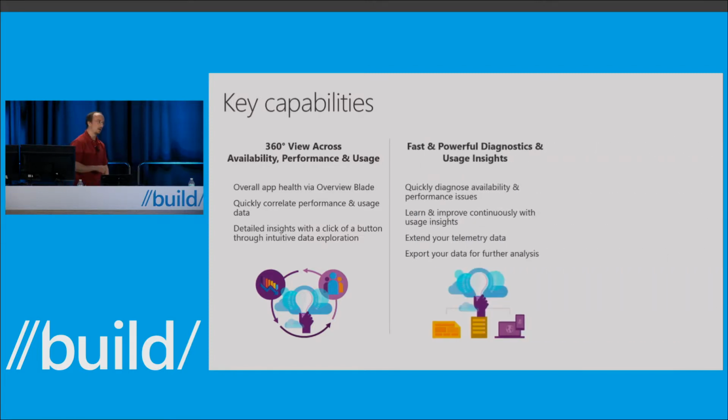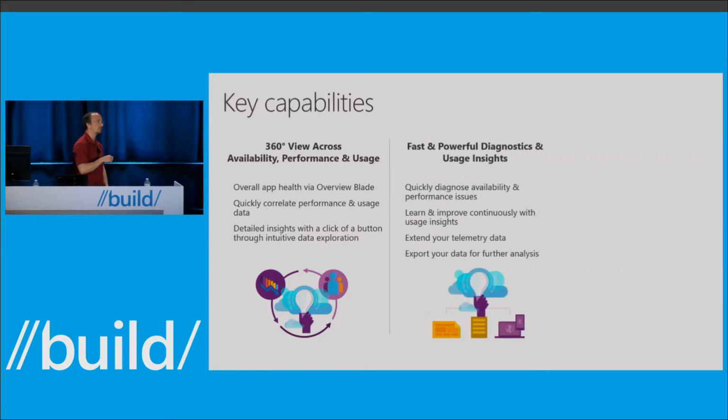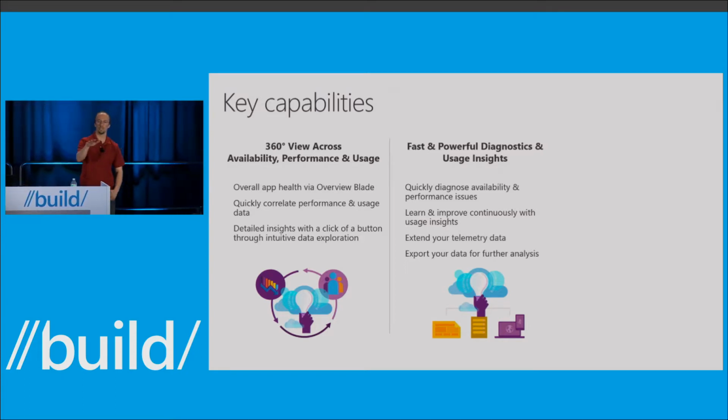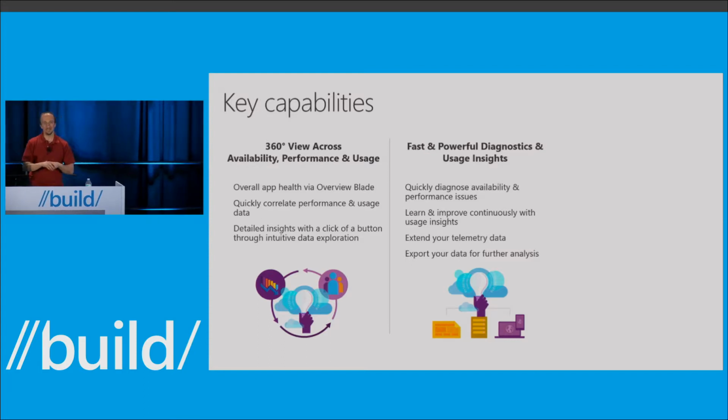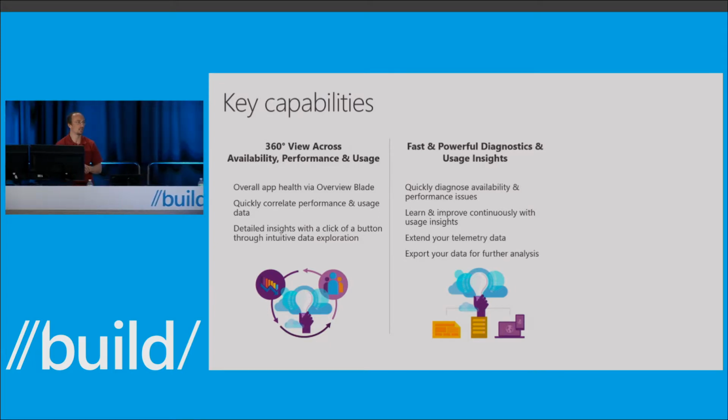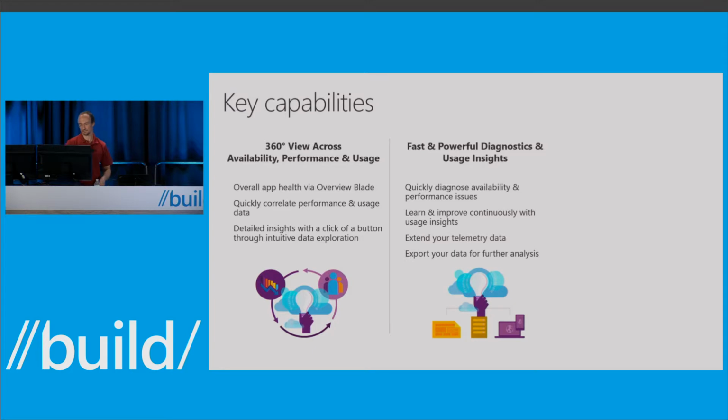Second, since we provide a lot of out-of-the-box collection, we will correlate your logs with our auto-collected telemetry, let's say, request. It will help you slice and dice your logs more meaningfully and much faster. We automatically collect exceptions and performance degradation related to dependencies. That significantly improves and speeds up diagnostics and usage analysis.